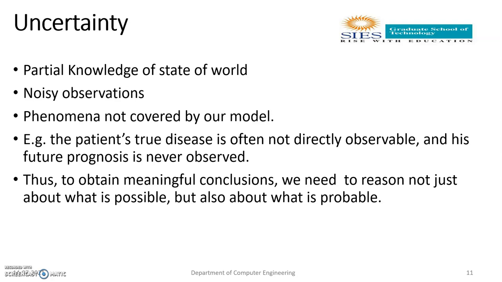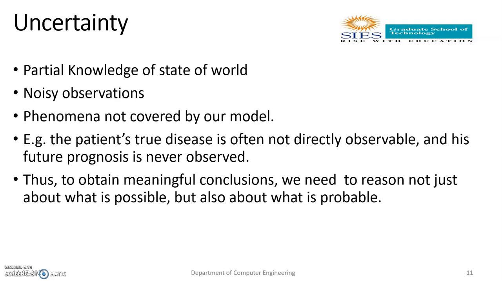But let's say this patient comes and tells me that, okay, I have cough and cold, but I am not showing any other symptom of COVID. As a result, my model is not trained enough to find out all the various possibilities, that a person may have cough and cold in case of any other diseases also. So that is somewhere related to uncertainty.